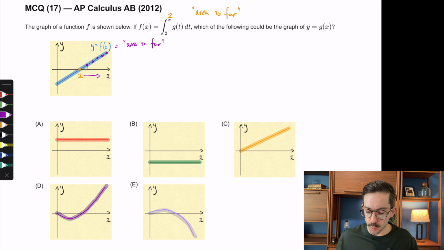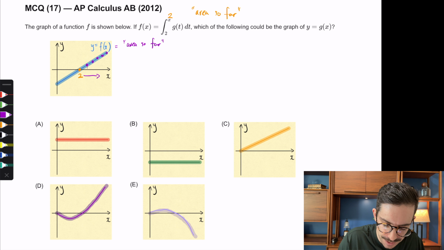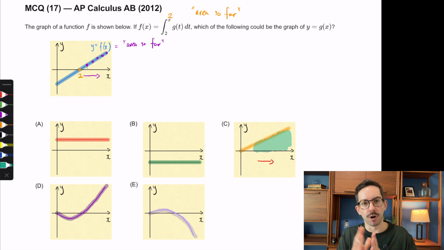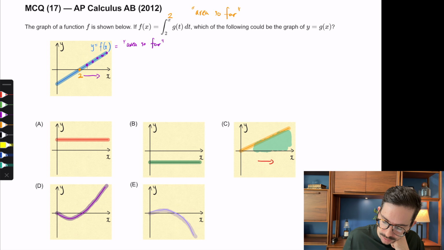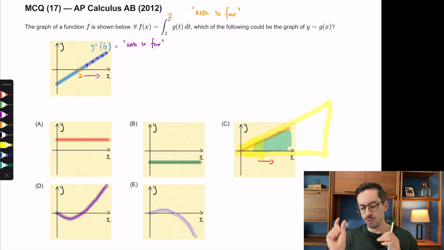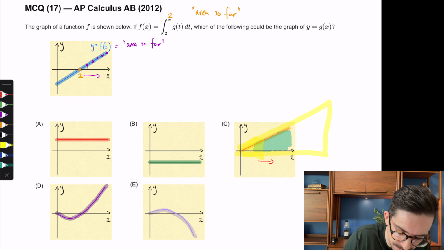So we can already rule out something like C, because as I move to the right, this area that we're sweeping out is getting more and more and more. We were at the thin end of the wedge to begin with. But as we move over and over, we're getting more and more area as I move by the same amount. So it cannot be answer C.